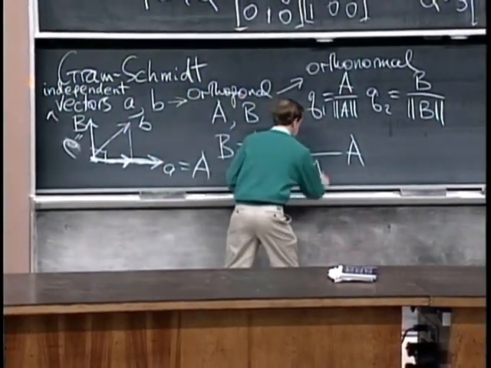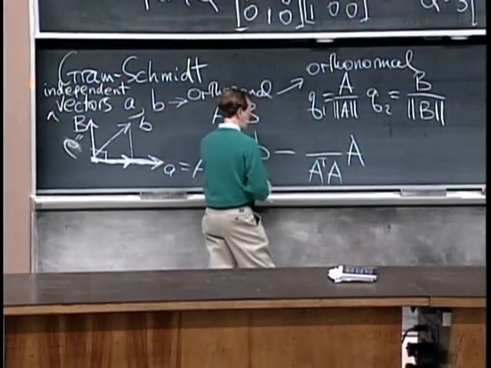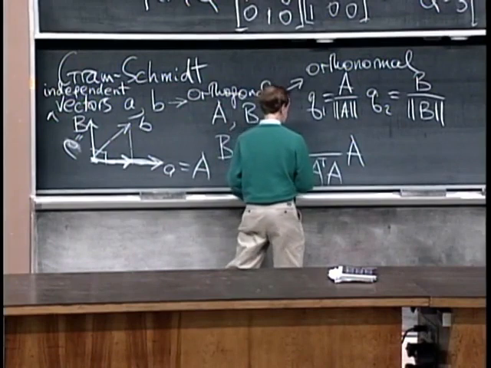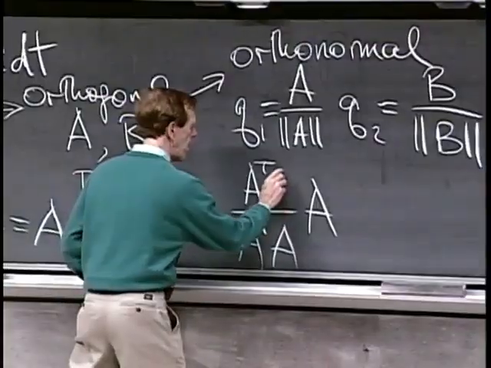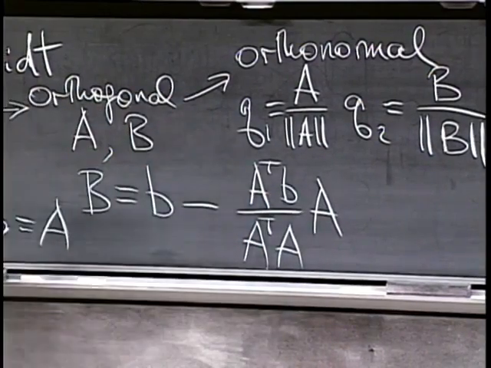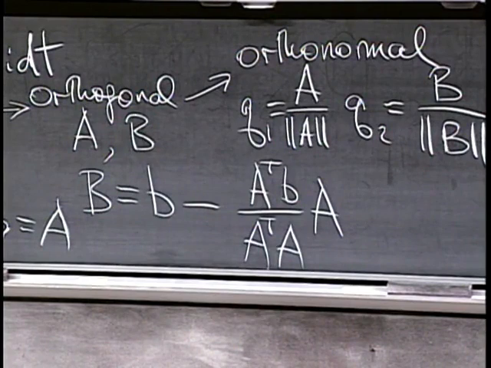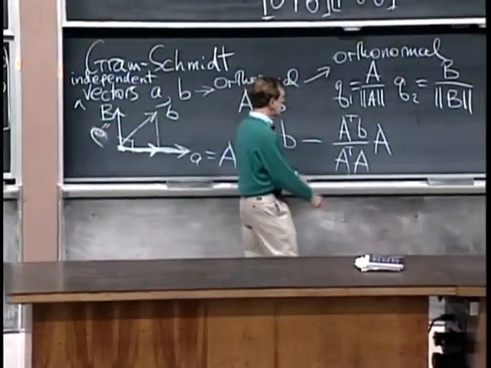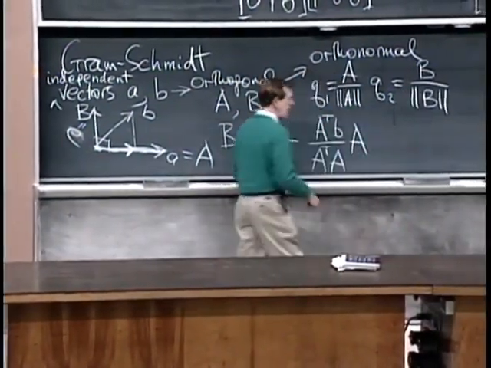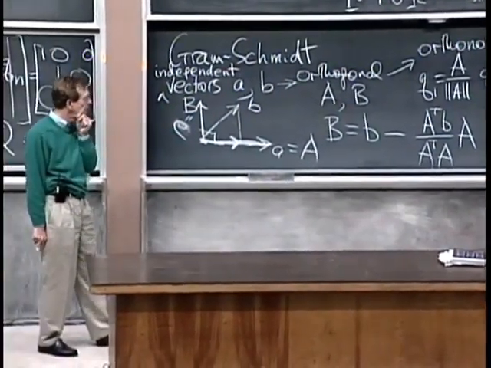There's an A transpose A in the bottom, and there's an A transpose B, isn't that it? I think that's Gram's formula. Or Gram-Schmidt. No, that's Gram. Schmidt has got to divide the whole thing by the length.